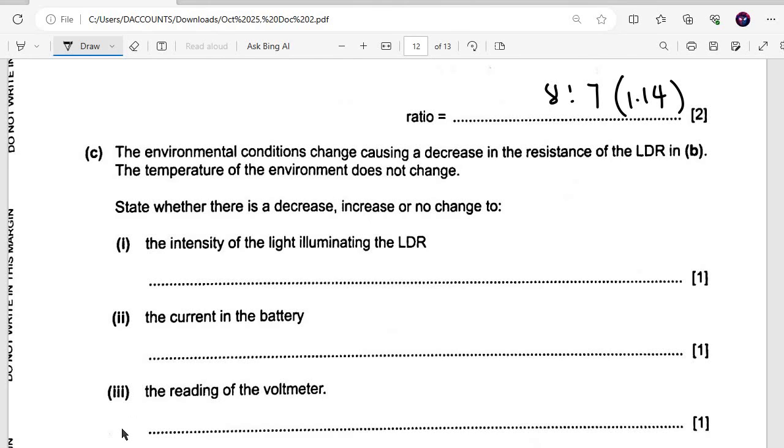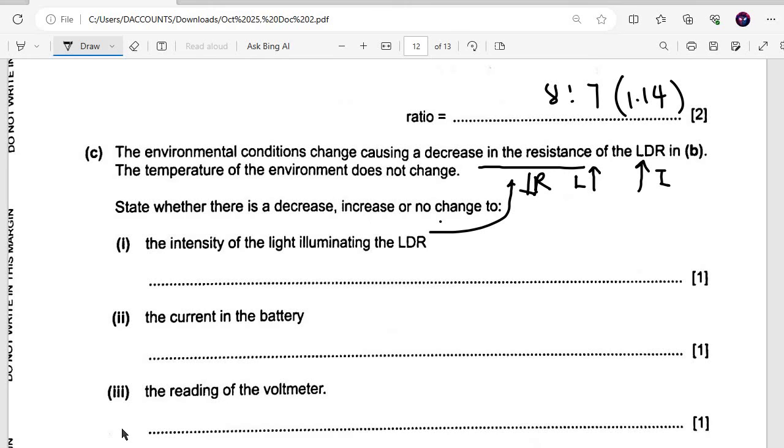In the LDR, they said the environmental condition causes a decrease in resistance. A decrease in resistance means there is more light reaching the LDR, which leads to an increase in intensity. That's the meaning: more light.